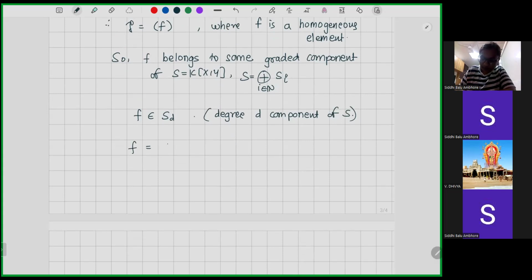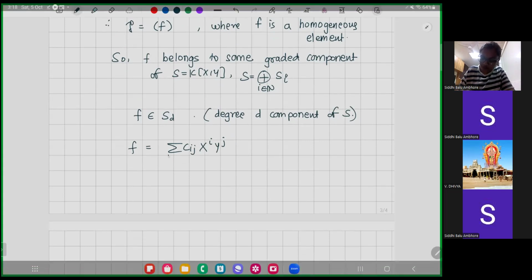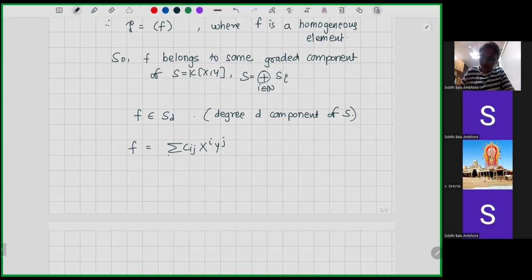So F will be what? It will be some summation c_ij x^i y^j, since we are in two variables, such that i plus j is D. Is this okay? I mean, how this F looks like?